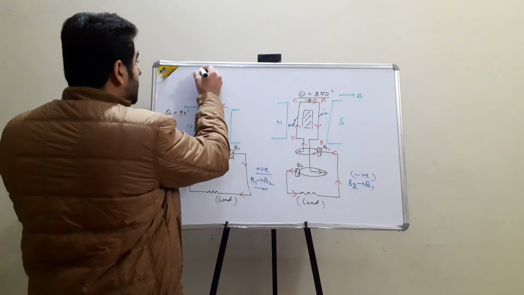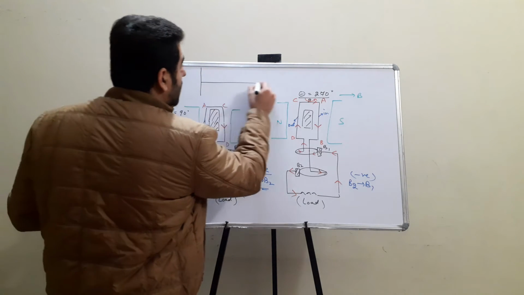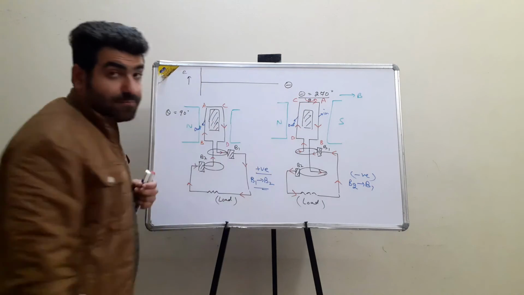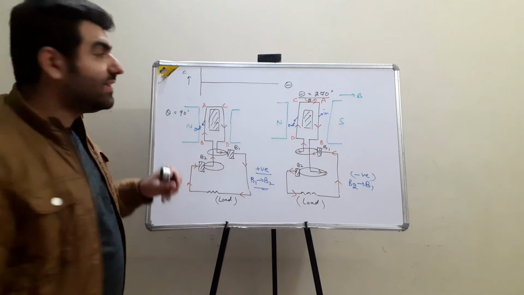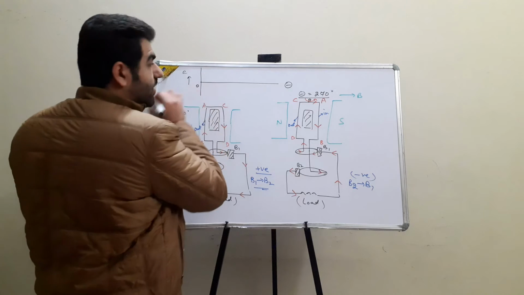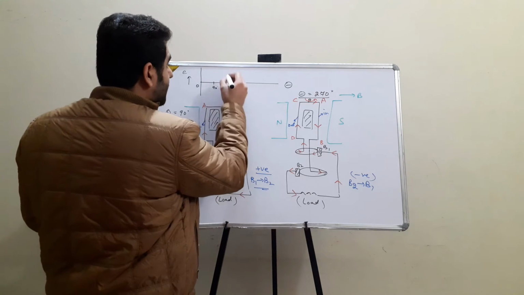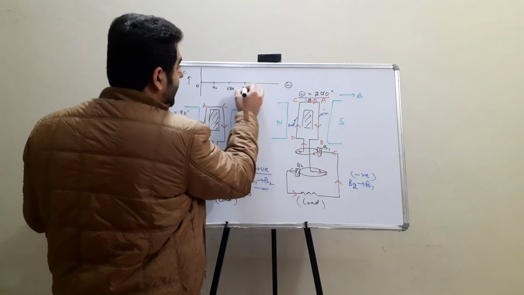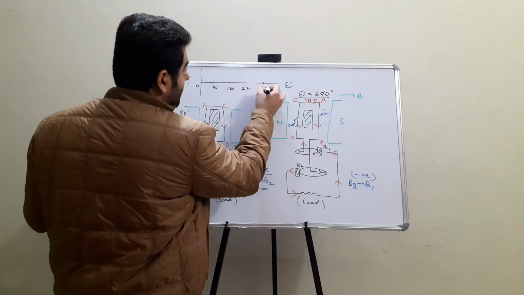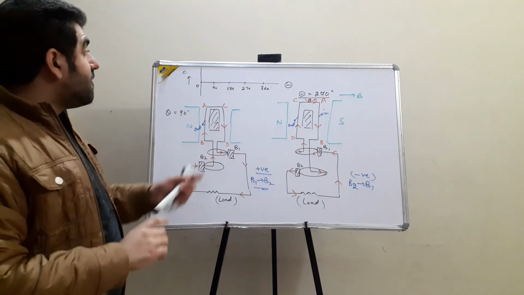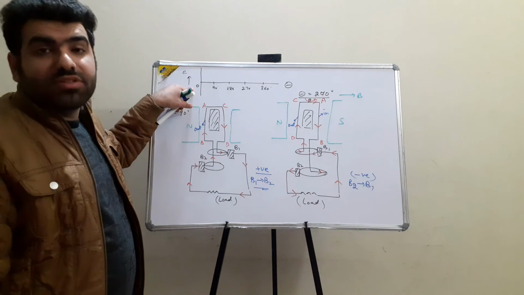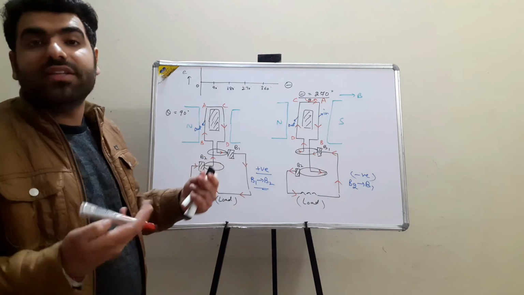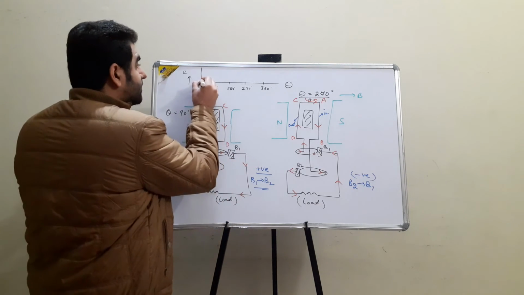So we are drawing the graph of EMF versus this theta angle. Again I am dividing the angle theta: 0 degrees, 90 degrees, 180 degrees, 270 degrees and 360 degrees. When theta is 0, the coil is not rotating yet, so the amount of EMF or current generated is 0.